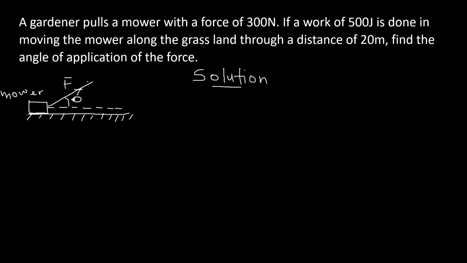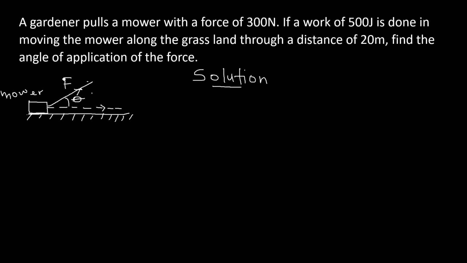The mower moves horizontally on the grassland, meaning that this force is not the actual force that is moving the mower, because the mower is not moving in the direction of the applied force. It is moving horizontally on the grassland. So that means the force that is actually moving the mower is also horizontal. So we have to find the horizontal component of the applied force.